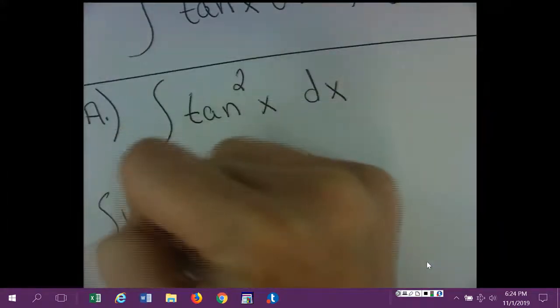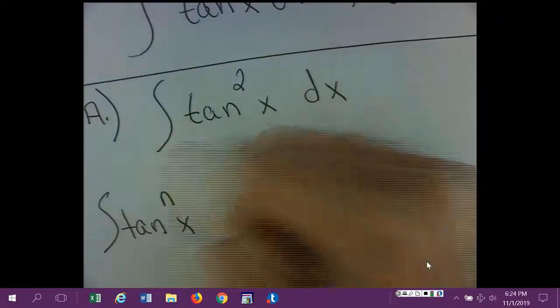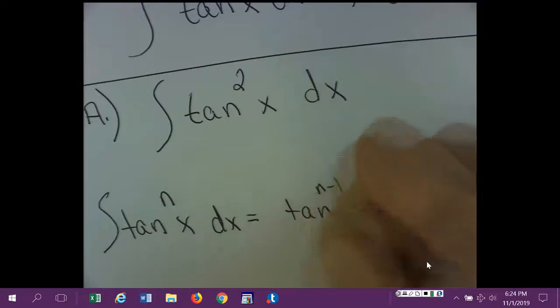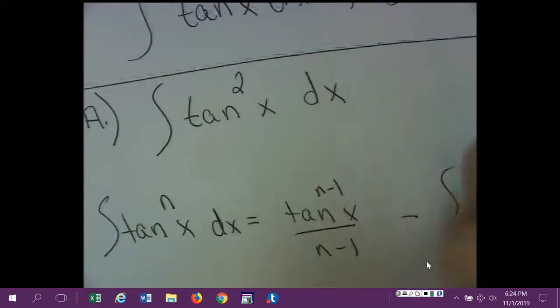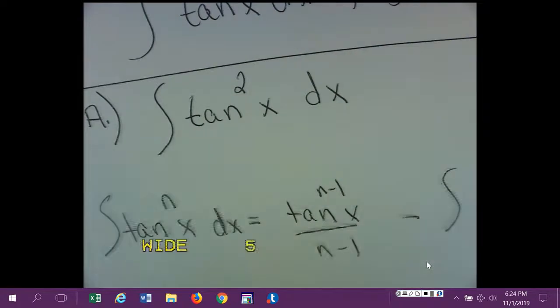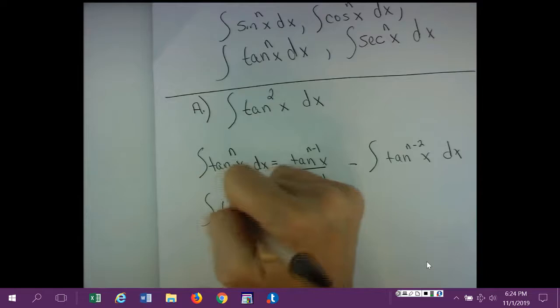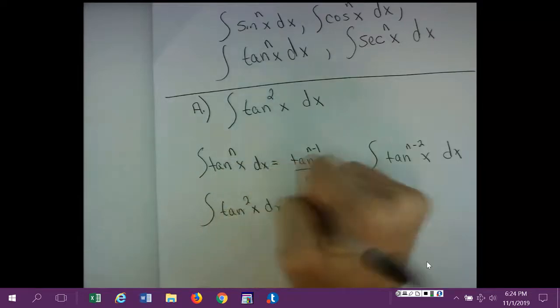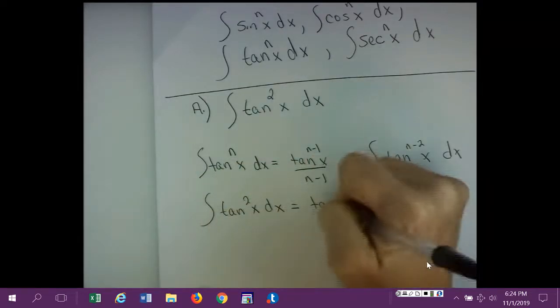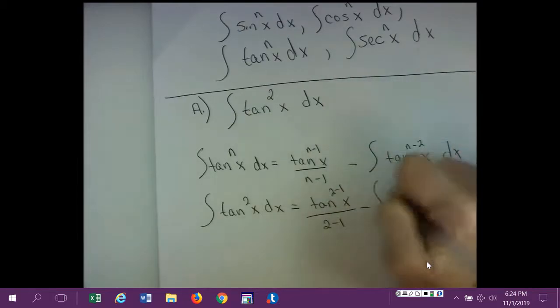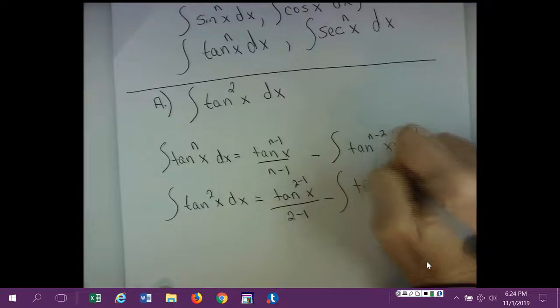So let me write down the reduction formula. It is equal to tangent of x to the n minus 1 over n minus 1 minus the antiderivative of tangent x to the n minus 2 dx. And so if n is 2, that's going to be tangent of x to the power of 2 minus 1 over 2 minus 1 minus the antiderivative of tangent to the 2 minus 2.